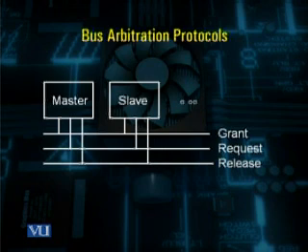The multiple master bus has a set of 3 control lines to perform all these operations, and these 3 control lines are known as the grant line, the request line, and the release line. With this much understanding of the bus arbitration, let us talk about the schemes which are used for bus arbitration.